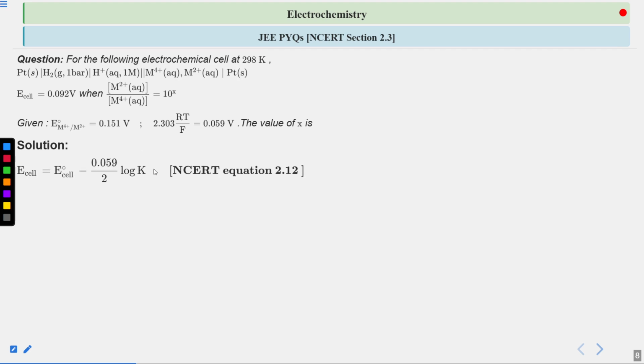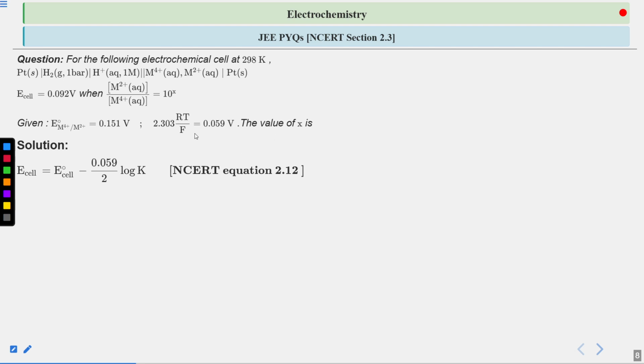Now for the Nernst equation, the overall cell potential is equal to the standard cell potential minus 0.059 by 2 log K. This is the Nernst equation we are using for the given cell representation, and this is marked as NCERT equation 2.12 in our NCERT textbook. We are taking 2.303 RT by F as 0.059 volt.